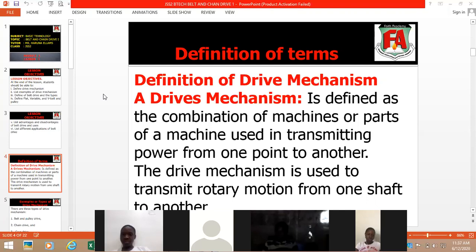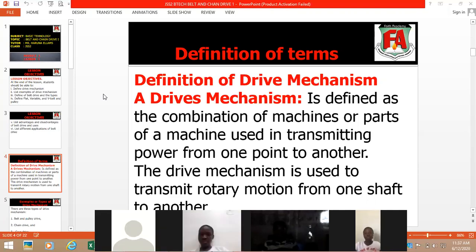Okay, what is the definition of drive mechanism?